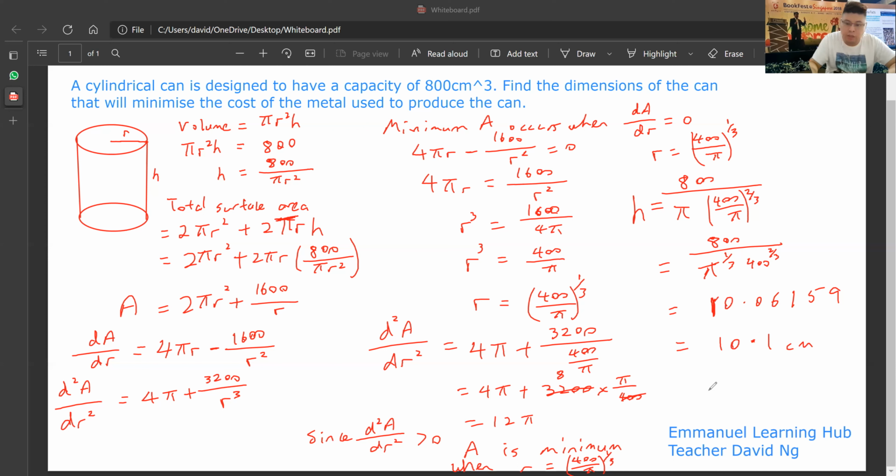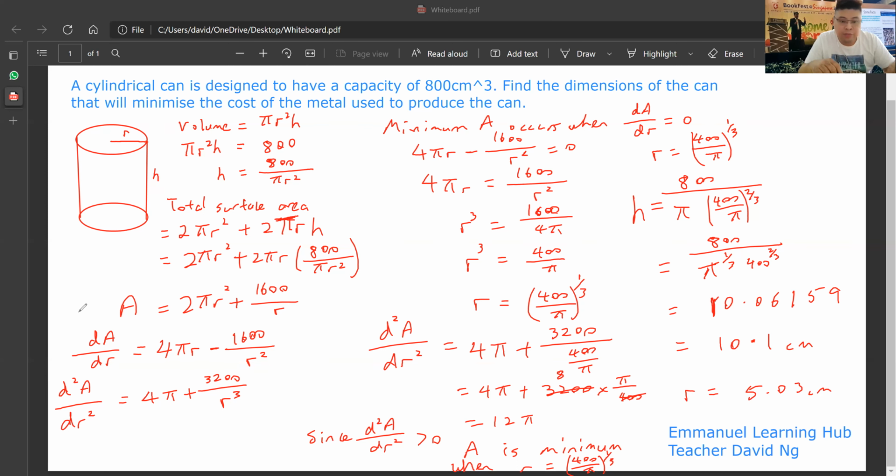Your radius, to be exact, is 400 over pi power 1/3. Okay, your R is 5.03. So you have your dimensions of the can already. You got radius and height, means you got dimensions of the can already.